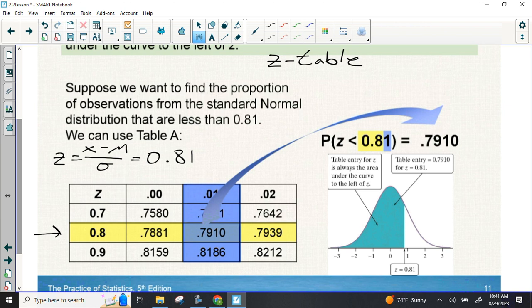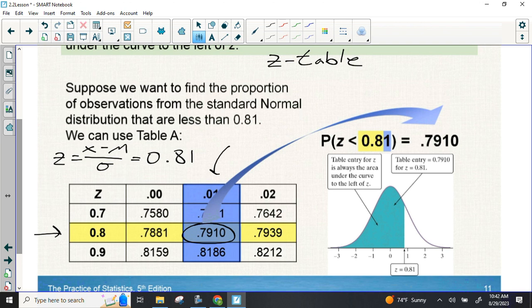You look at the column that has the 0.01, that corresponds to 0.81. You'll find where those two meet up. That's going to be your percentile for that particular data value.